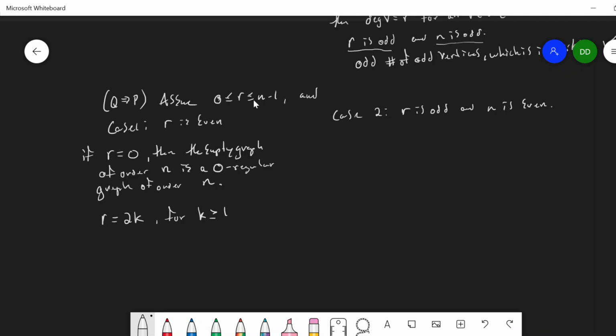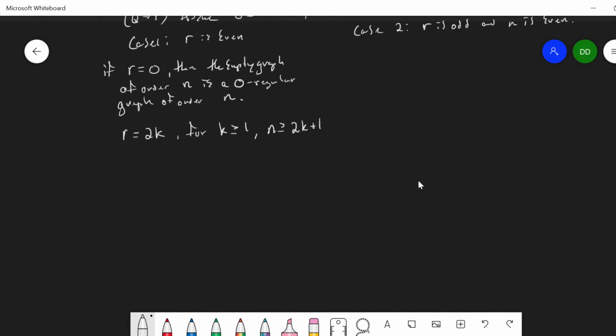If I rewrite this, R less than or equal to n minus 1 is the same as R plus 1 less than or equal to n. And so we also have that n is greater than or equal to 2k plus 1.